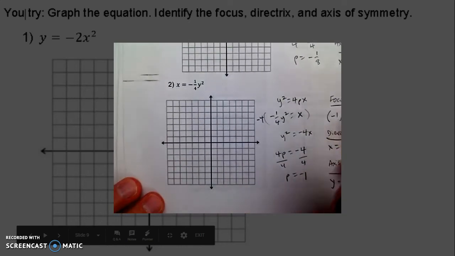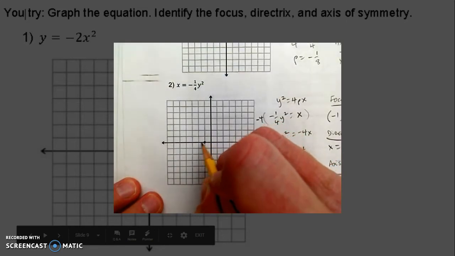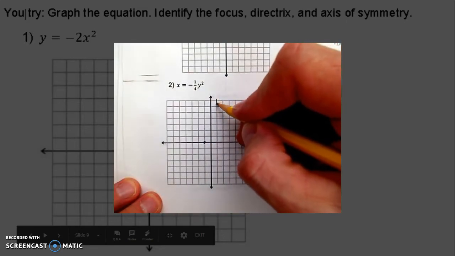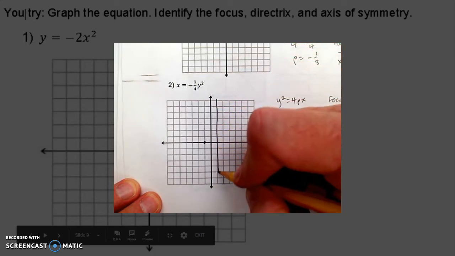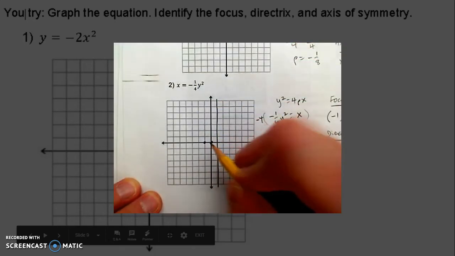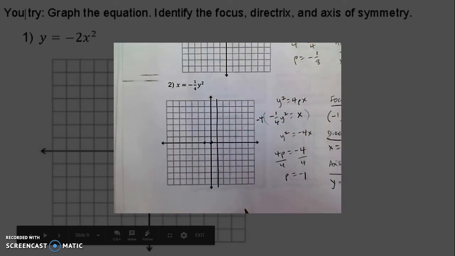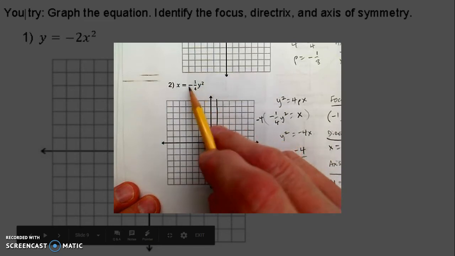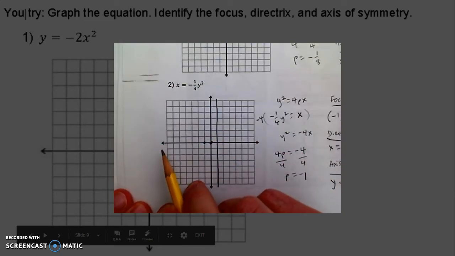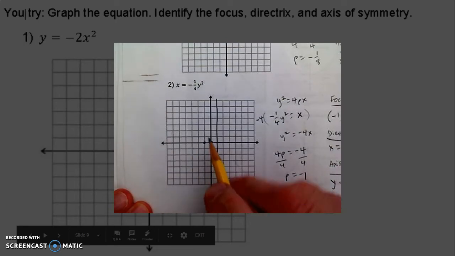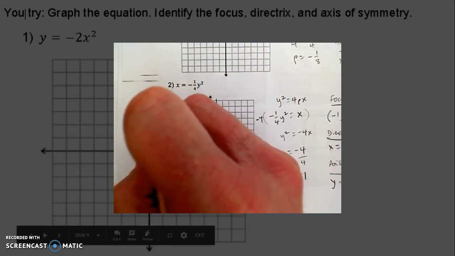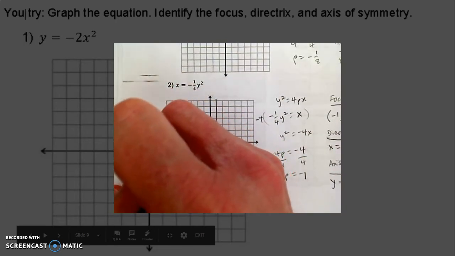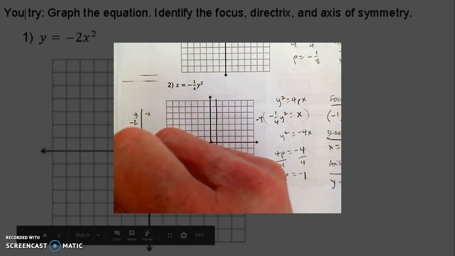My focus is at negative 1, comma 0. My directrix is the line x equals 1 and the vertex at the origin. So we need some points here. And so we go ahead and we plug in some values, and this one's operated in such a way that I'm really trying to plug in some y's here and get some x values out. So let's see what happens when we plug in some y's. Okay.